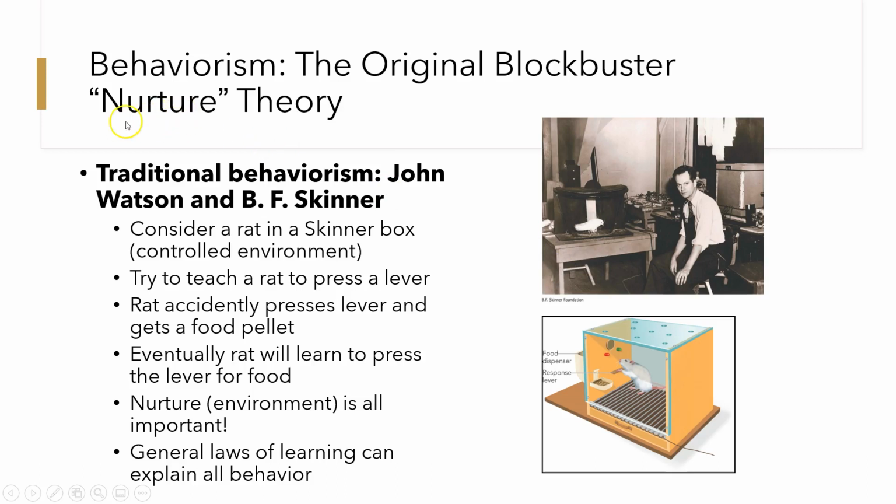In terms of the biggest nurture theory, this is behaviorism. This is the idea that the environment controls development and behavior. It started with Watson and Skinner. They did research with rats using a Skinner box, which basically is a cage. They were trying to teach a rat to press a lever.